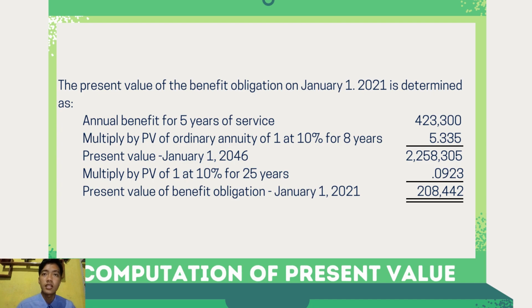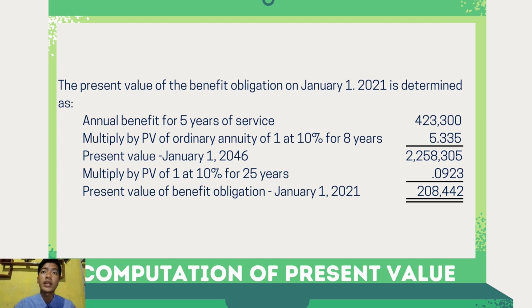So, next is computation naman tayo ng present value. So, the present value of the benefit obligation on January 1, 2021 is determined as annual benefit for 5 years, which is yung nakuha natin kanina na 423,300, multiplied by PV of ordinary annuity of 1 at 10% for 8 years, which is 5.335.